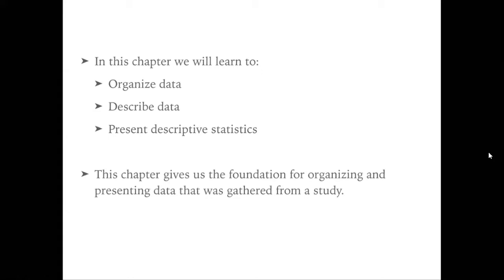We're going to be focusing primarily in this chapter on quantitative data because that's the type of data that you oftentimes will run across. You absolutely can do these sorts of things with qualitative data as well. Obviously, you're not calculating statistics there, but qualitative data, you can organize it and describe it as well. But we're going to focus on the quantitative data as we go through this chapter.